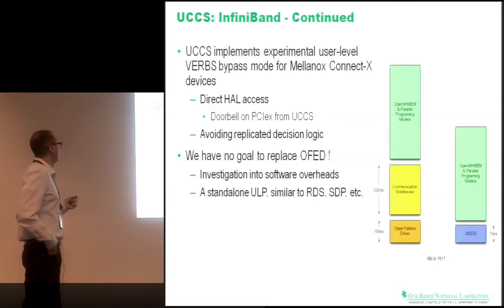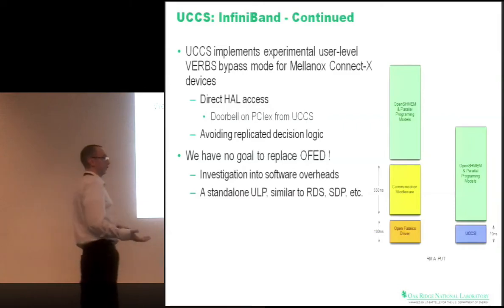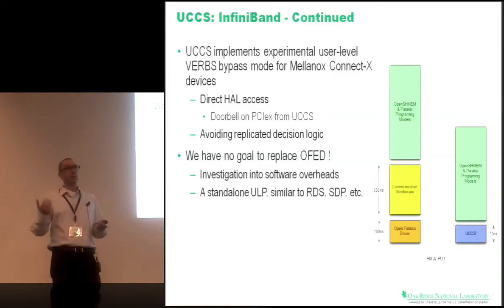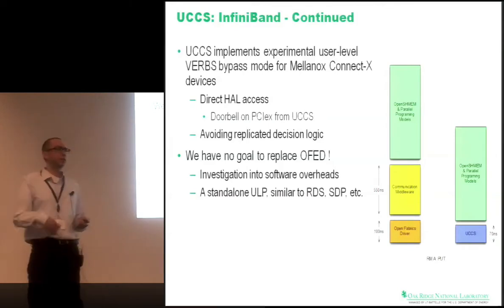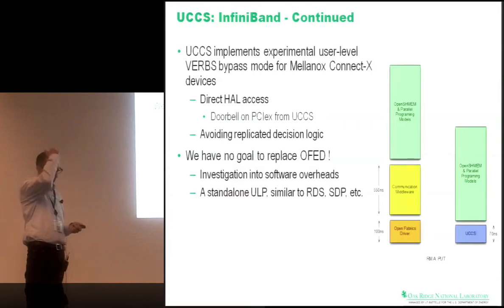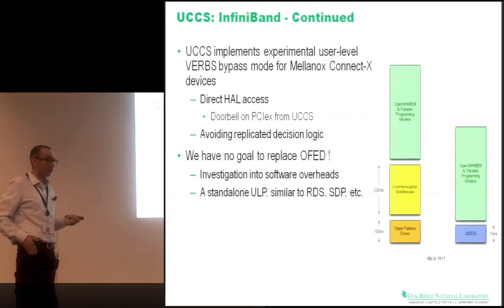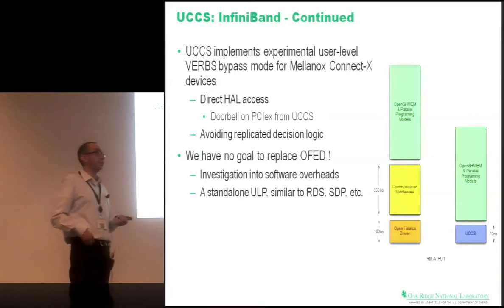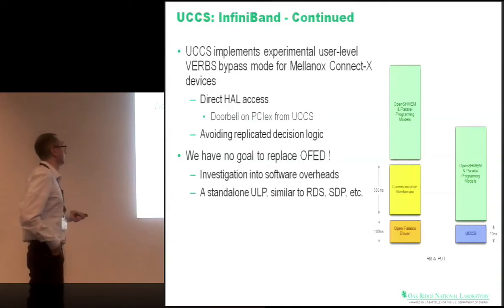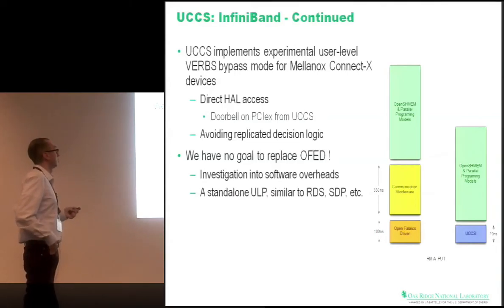Essentially, we avoid some duplicated logic in the layer, like the verbs interface was designed as a very generic interface. You have a single API that has put, get, atomics inside of the library. Since in OpenSHMEM, we already made the decision on the application layer, what API is used, we may shorten the path.